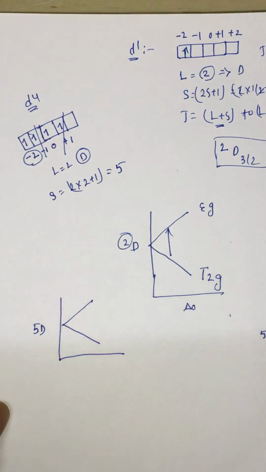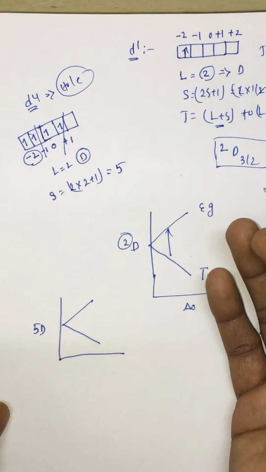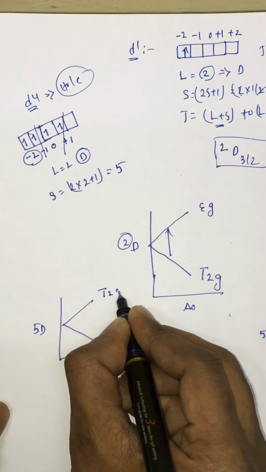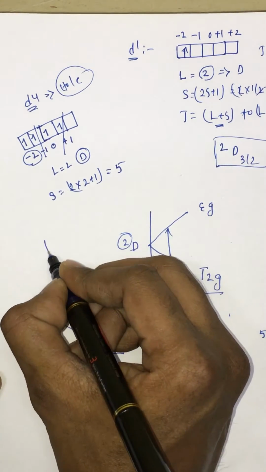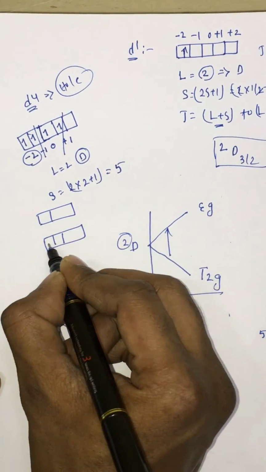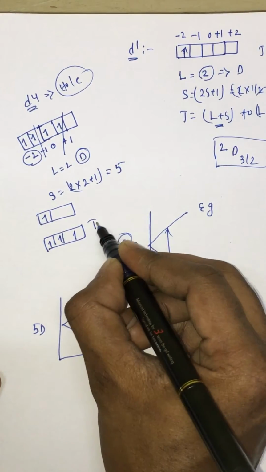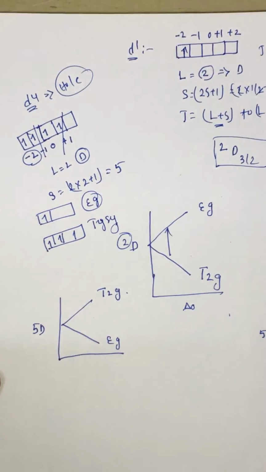And since d4 involves hole inversion, this follows the opposite of the octahedral field splitting. That means Eg comes down and T2g comes up. Here we also need to remember that in the d4 configuration, 1 2 3 4, we can see T2g is symmetric, but Eg is unsymmetric.